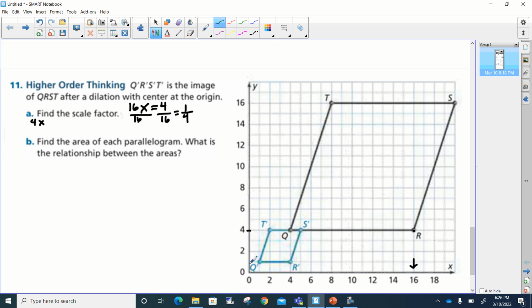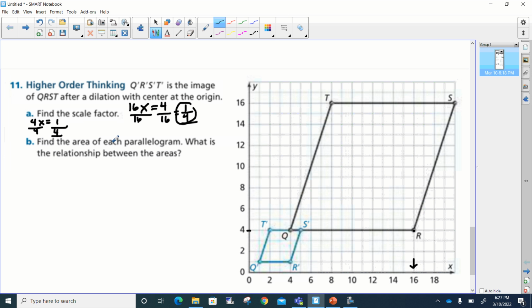Because between 2 and 0 is 1. So some number times 4 equals 1. And once again, when I divide by 4, I get 1 over 4, right? So everyone can see, no matter if I use my y or my x as my reference, I'm going to get the same scale factor. All right, so my scale factor is 1/4.